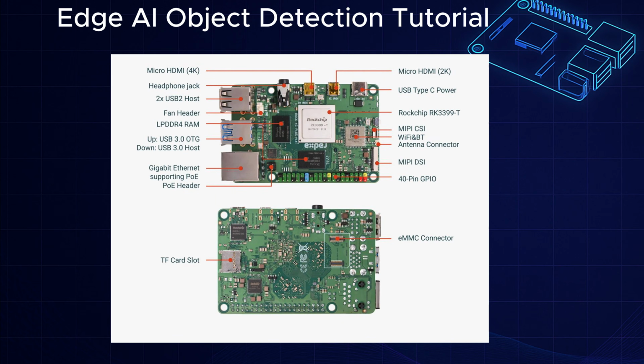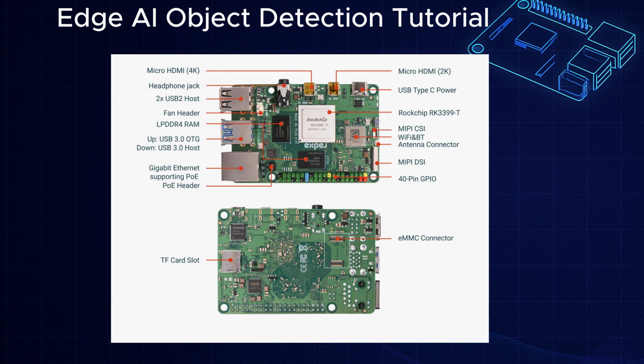Let's quickly check together the different components of this device. I've got this image from the official documentation of the ROCK4 C+ model, and these are the different components. For the processor, it comes with a Rockchip RK3399.